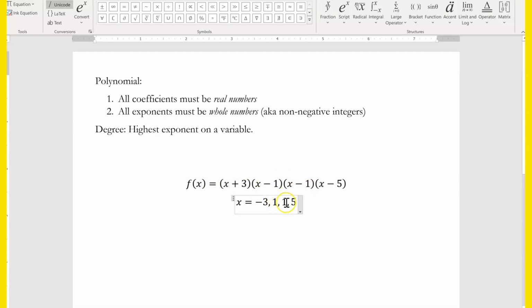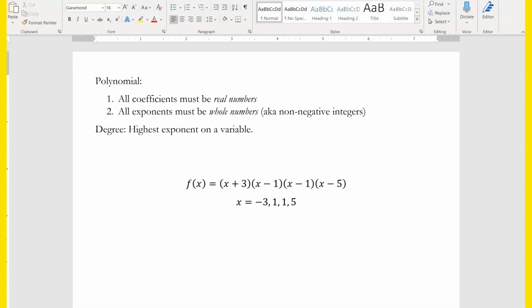So you could put 1 down twice, or you could just put 1 down once. But if you put it down once, you just would need to understand that that is called a double zero, or a double root. And then also we would get 5. So the negative 3 appears only once, and the 5 appears only once. However, the 1 appears twice.